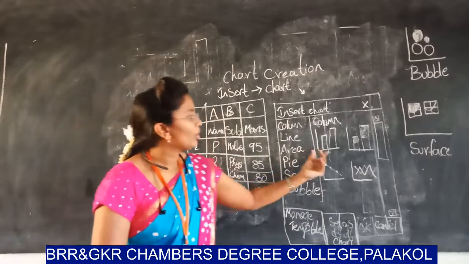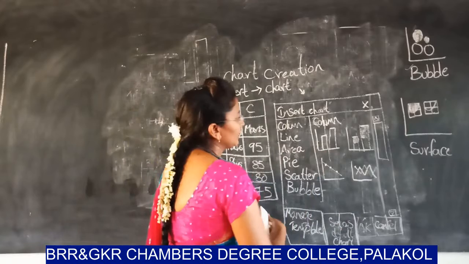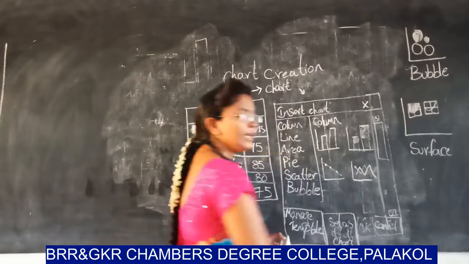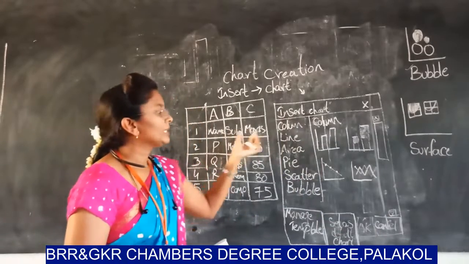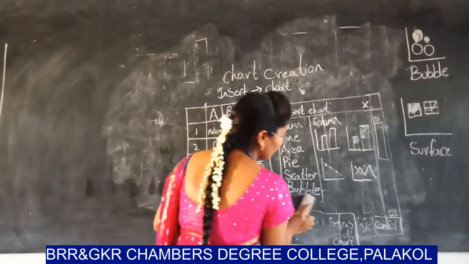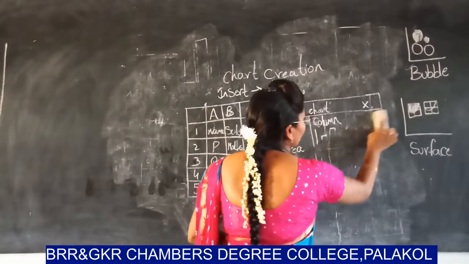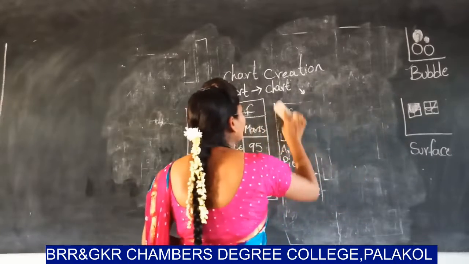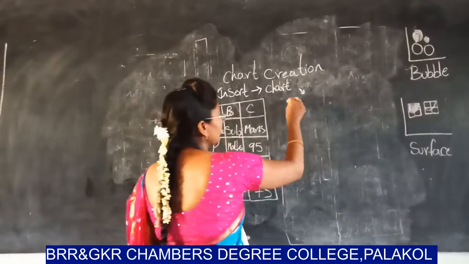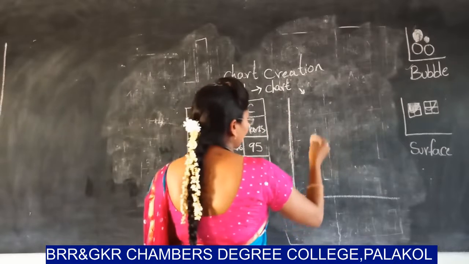If you select the column chart and click on the OK button, then the data will be turned into this representation. This is the way the charts will be represented.